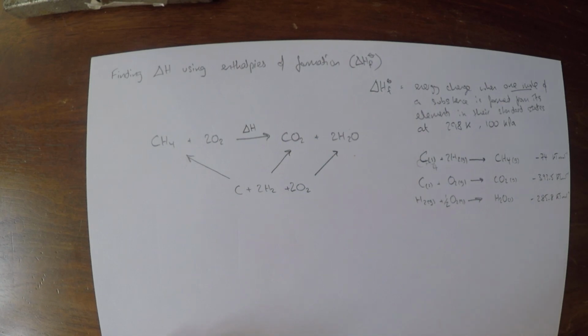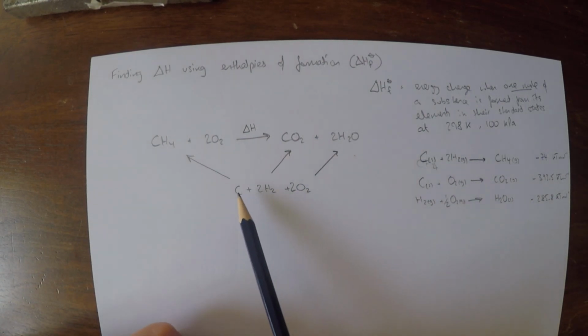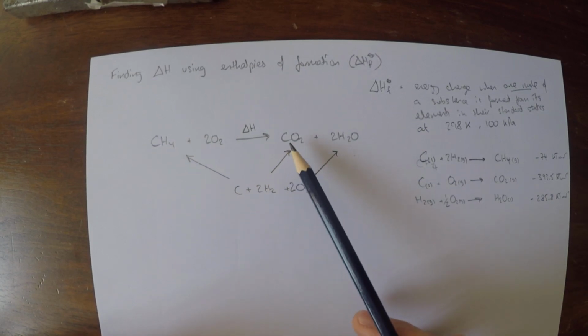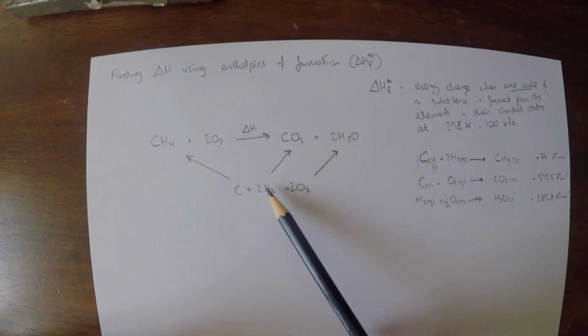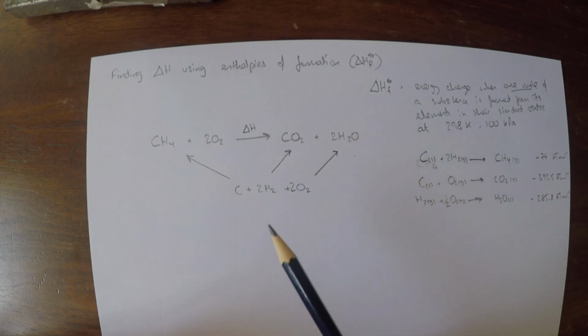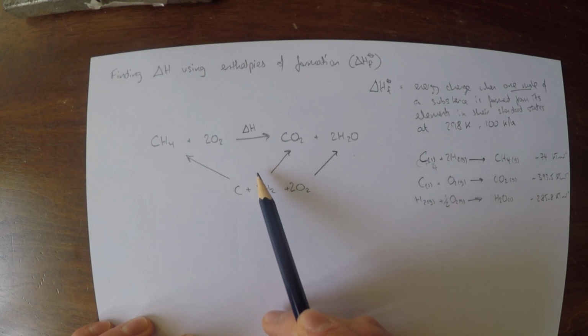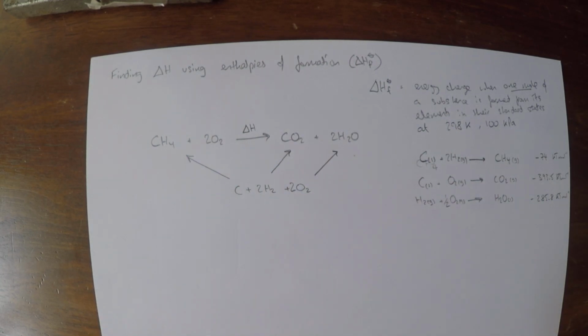We have to have another oxygen molecule here. And now we have enough carbon and hydrogen to form the methane, enough carbon to form the carbon dioxide, and enough hydrogen and oxygen to form the water. There is no 4th arrow for the oxygens because there is no enthalpy change associated with the formation of oxygen.